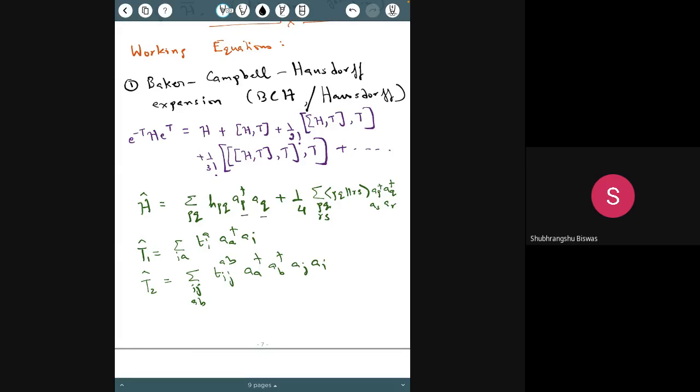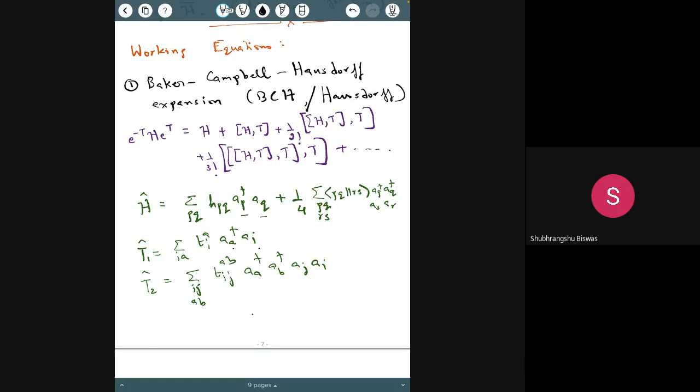But in the T's, you have specific labels. So you have A and I, so they're distinct. The creations always have ABCD labels and the annihilations always have IJKL labels. Because they are constructed so as to construct excited determinants from the Hartree-Fock determinant.